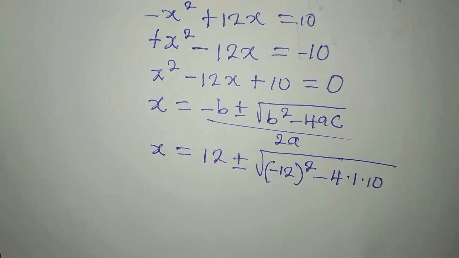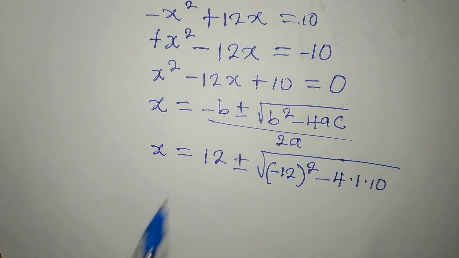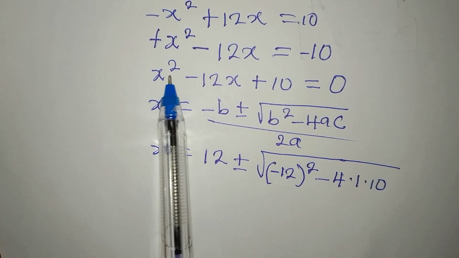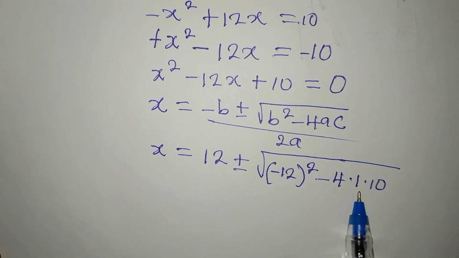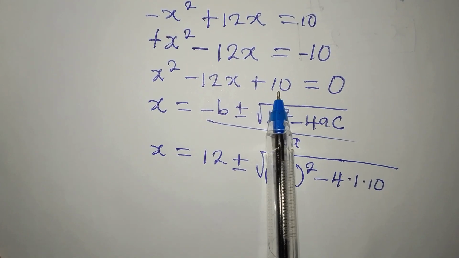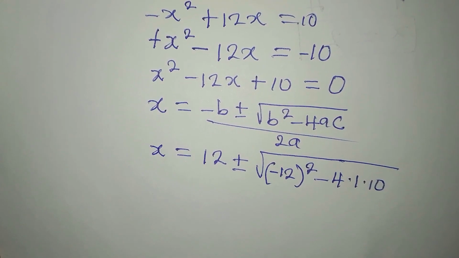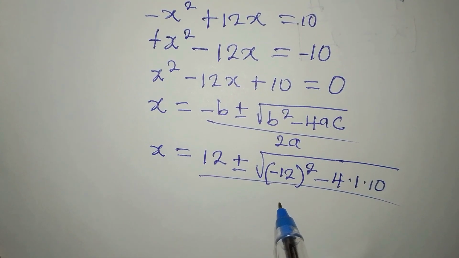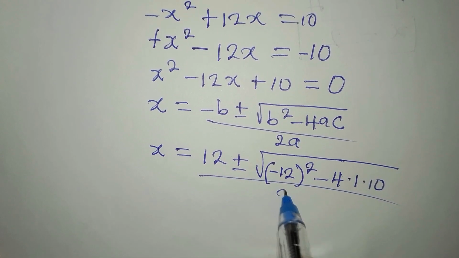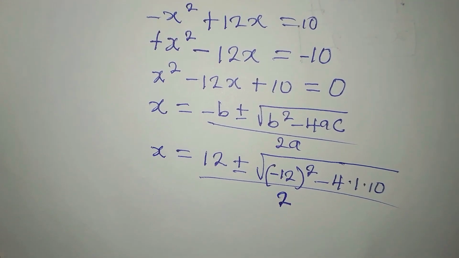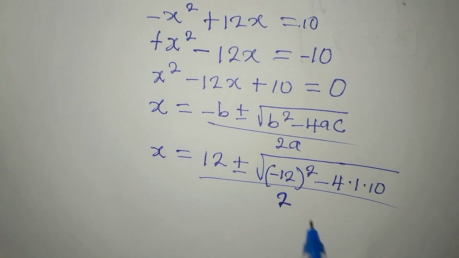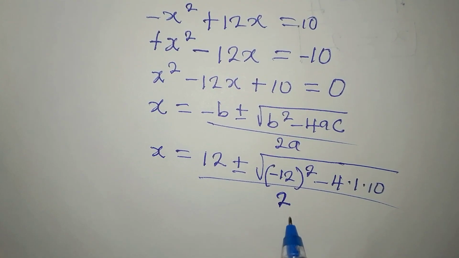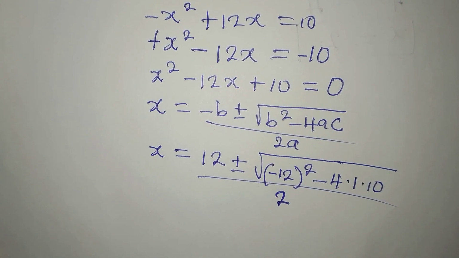In case you do not understand what I have done, a is the coefficient of x squared, and it's 1. That's how I got this one. And c is a constant, which is 10, which is here. Then we divide everything by 2 times 1, because 2a is now 2 times 1, and our a is 1, which will still give us 2.